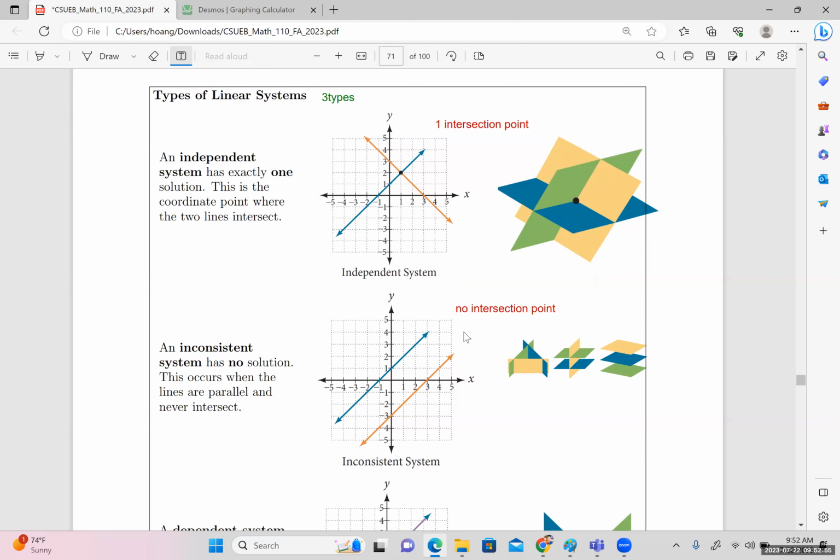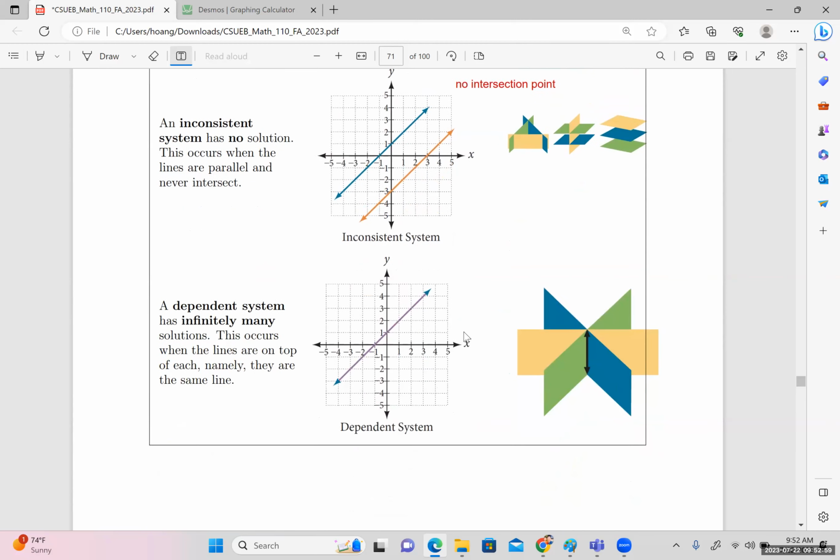And the last one looks like you have only one line. Actually both lines overlap each other, so it looks like it just becomes one line.